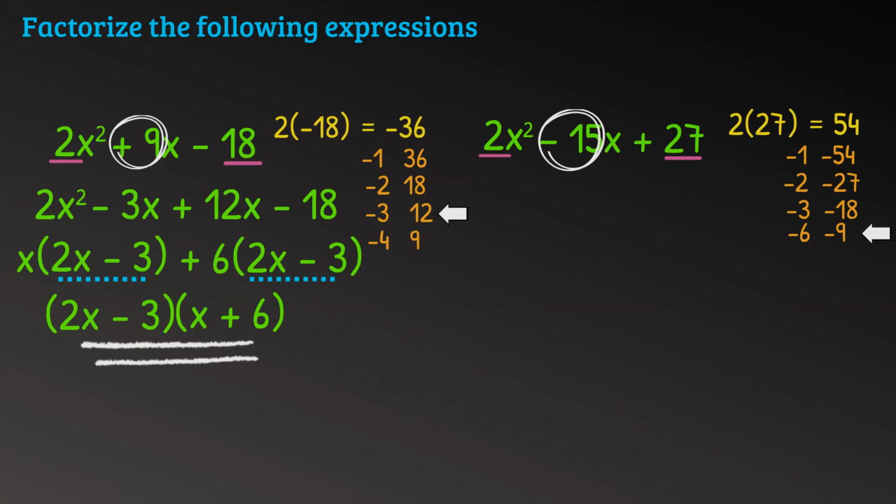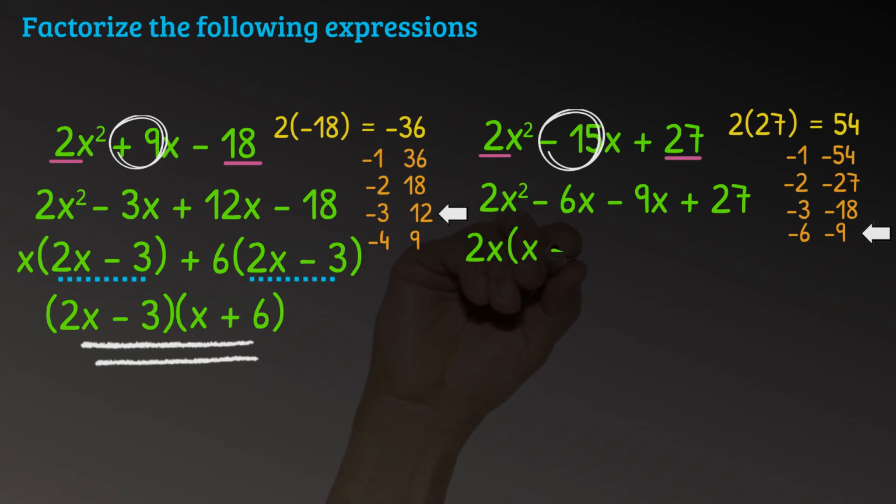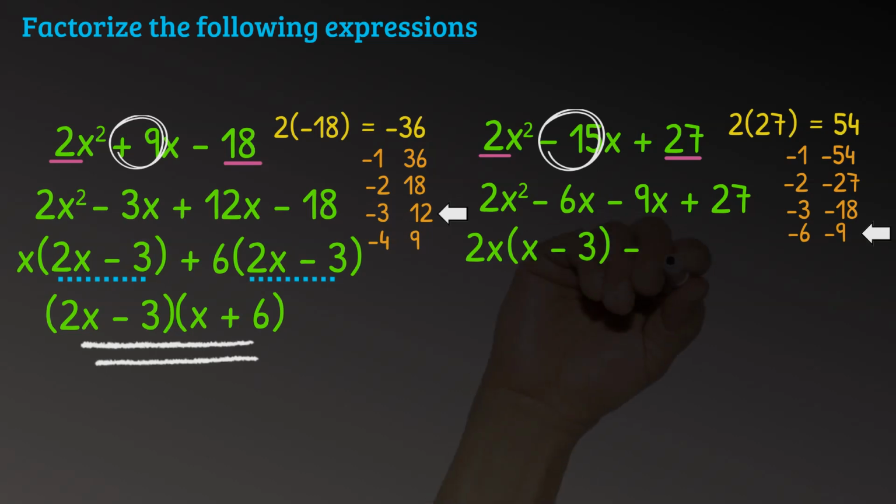So then we can rewrite the expression and replace the minus 15x with minus 6x minus 9x. And then find the greatest common factor for the first two terms, which is 2x. And to get the 2x squared minus 6x, we need to multiply that by x minus 3. And the greatest common factor for the second two terms is 9.